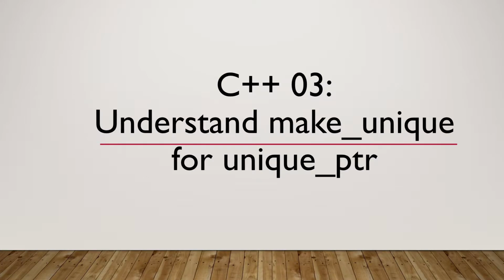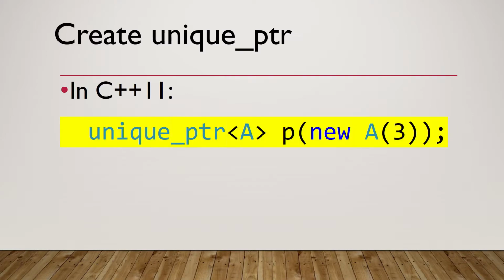Understand make unique for unique pointer. One of the greatest features brought by the C++ 11 standard library is unique pointer. It magically manages dynamically created pointers with simple ownership semantics.